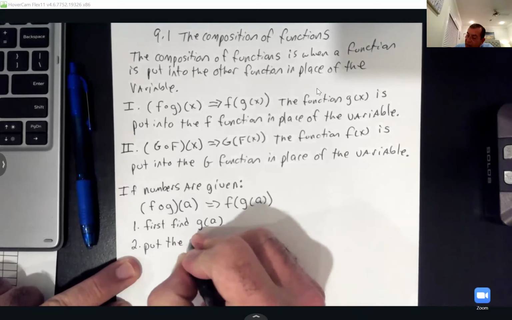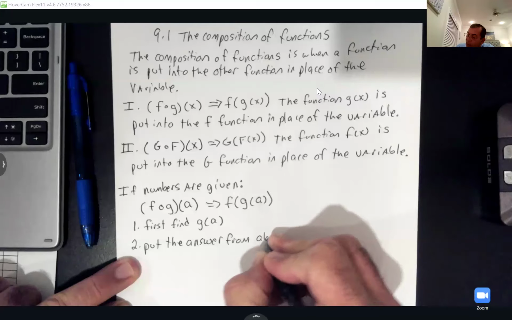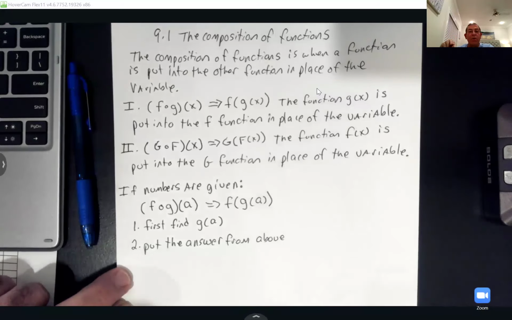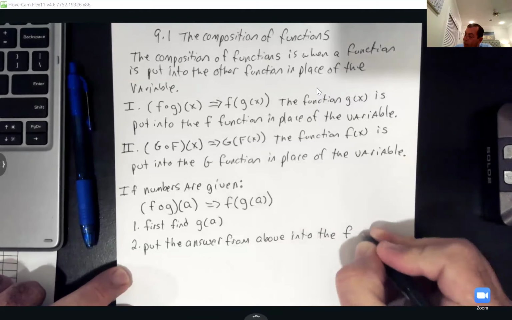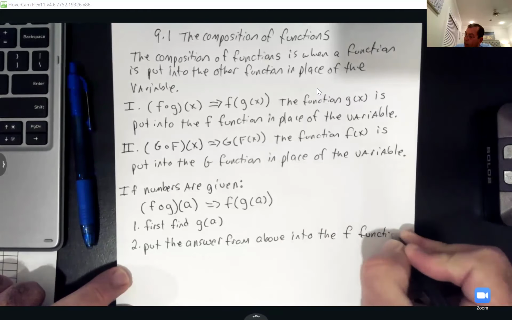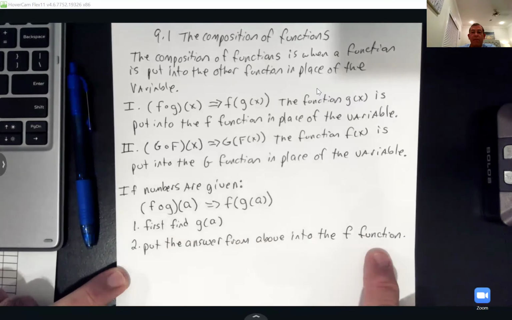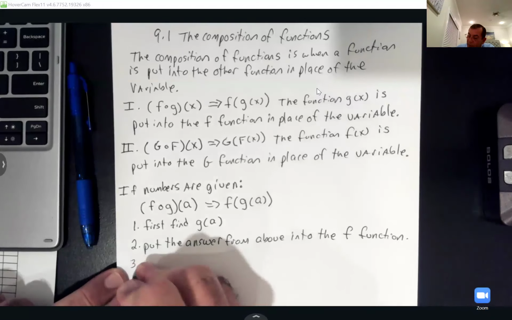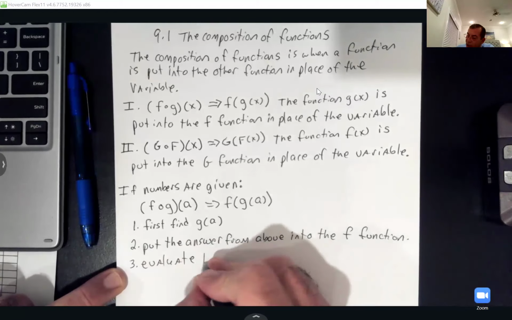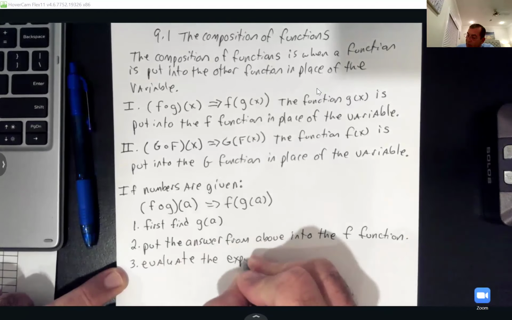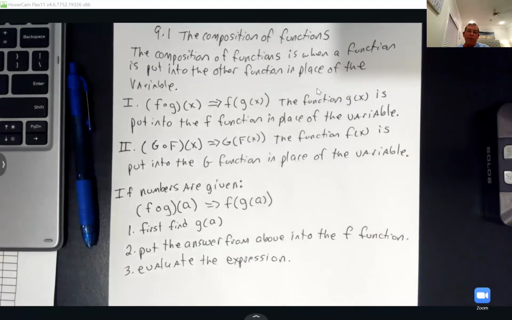So put the answer from above into the f function. All right, then evaluate and be done. So evaluate that expression. And y'all, then we'll be done.